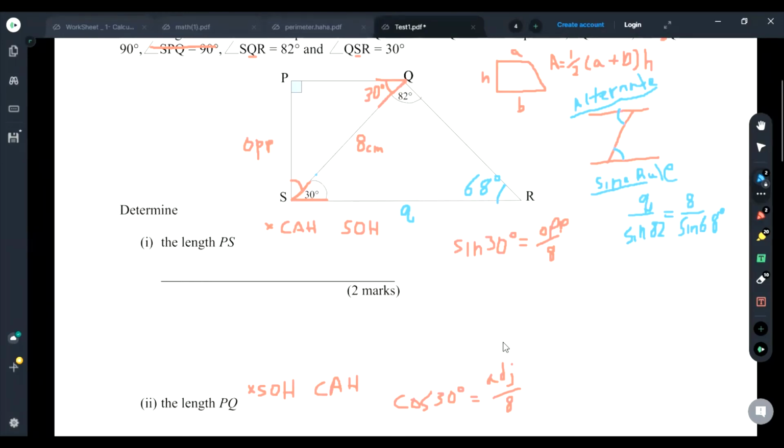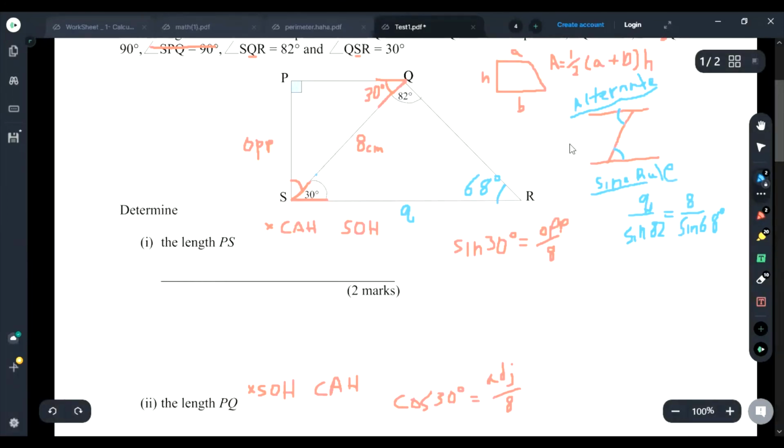All right, no problem. But what you probably missed is that we figured out that we needed to use the sine rule here. So we did some math to get this 68. How did we do it? We added 82 and 30 and then subtracted that from 180, because all the interior angles in a triangle must add up to 180.